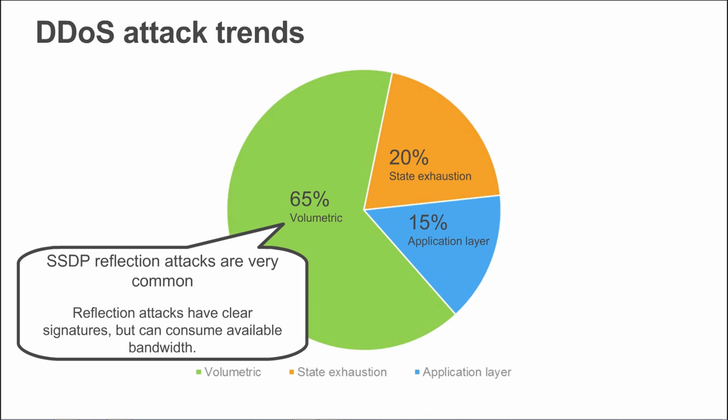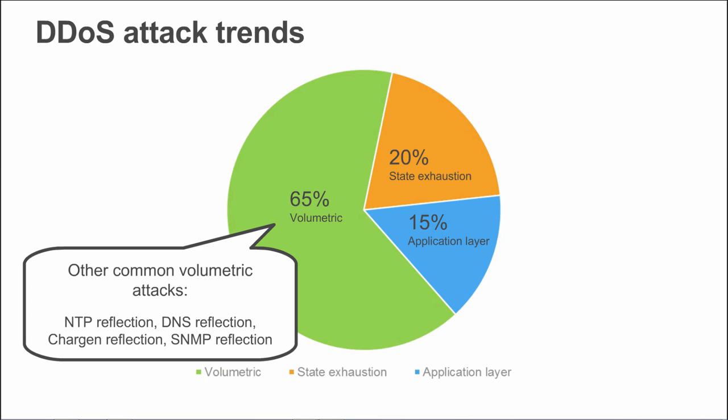Even though they are easy to generate, they also consume a lot of bandwidth and clog the pipes between your applications and your end users. The other types of volumetric attacks that are also common are NTP reflection attacks or DNS reflection attacks. And Chargen reflection is one of the more recent types of attacks that has been prevalent in recent days.